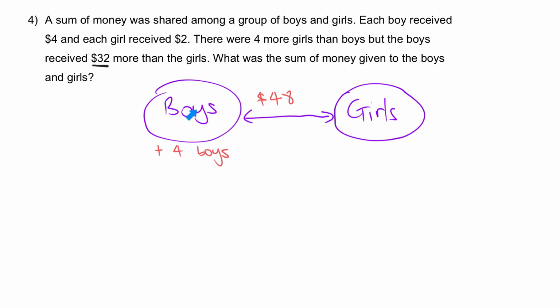What about 3 boys and 3 girls? 3 boys and 3 girls, the difference between them will be $6. Do you see where the pattern is going? So how many pairs of boys and girls do I need to get a difference of $48?